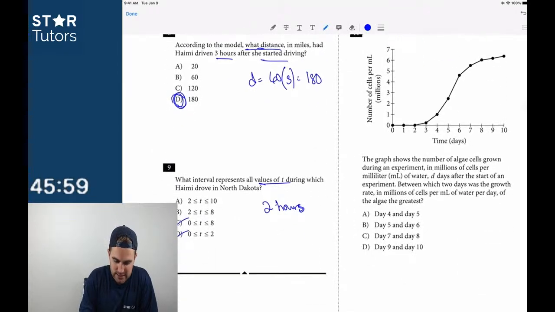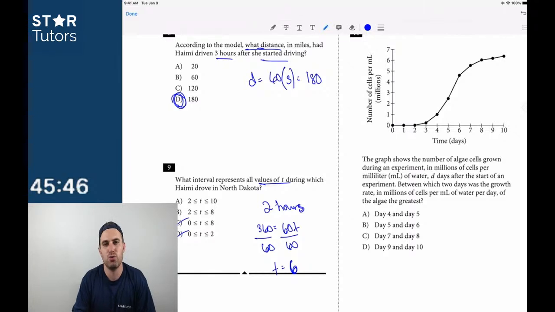So we're going to say 360 equals 60t, divided by 60 on both sides. So t is equal to 6, looks like. We've added the 120, so it's 2, right? That's 6 total hours. And so we're going from 2 to 8. So I think 9 should be B, hopefully.